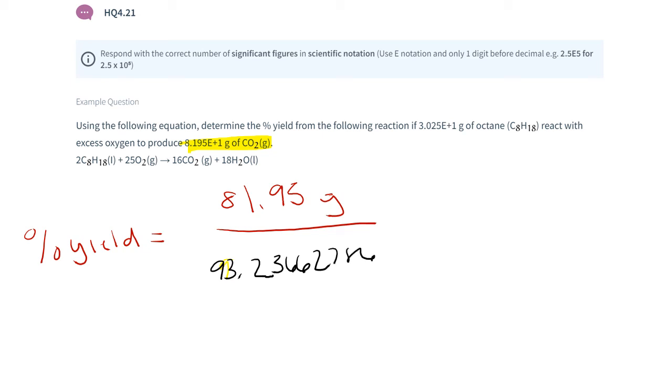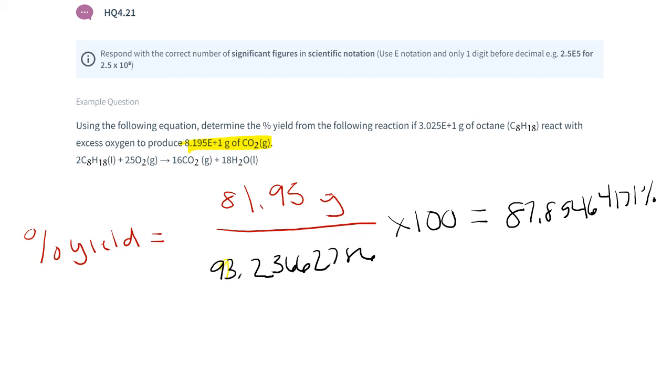We can go ahead and divide them, and then multiply by 100, which gives us 87.89464171%.